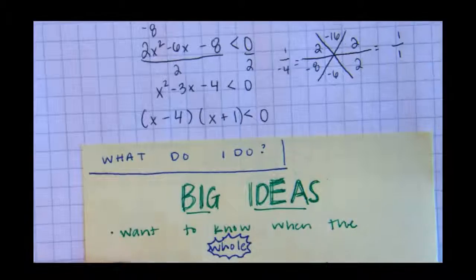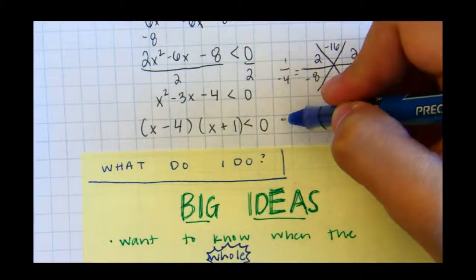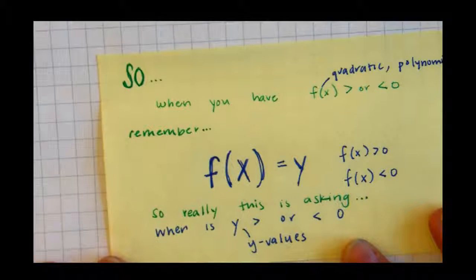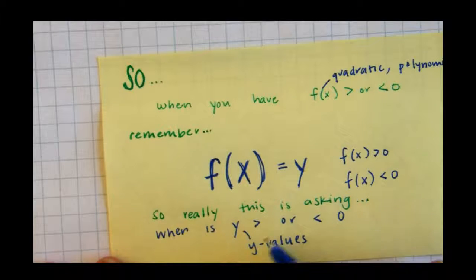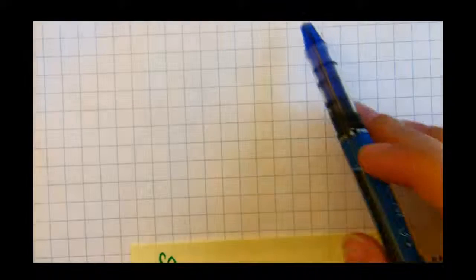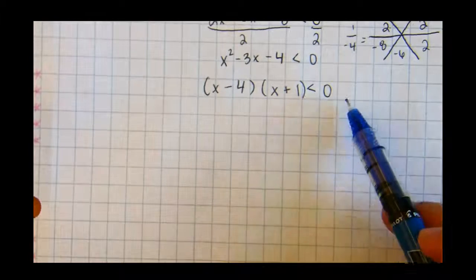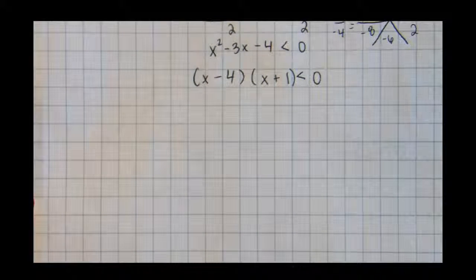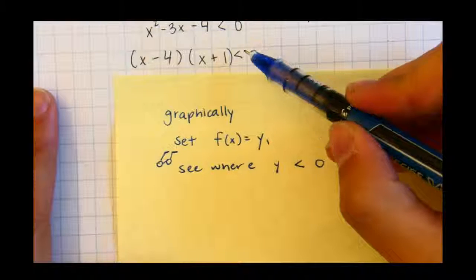So when I'm answering this inequality, what I really want to ask myself is, when are the y values of that inequality less than 0? When are my y values less than 0? My answers are to this inequality.